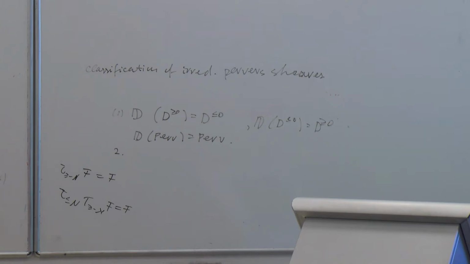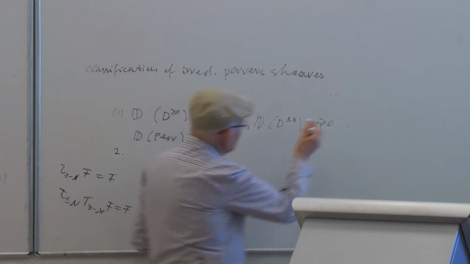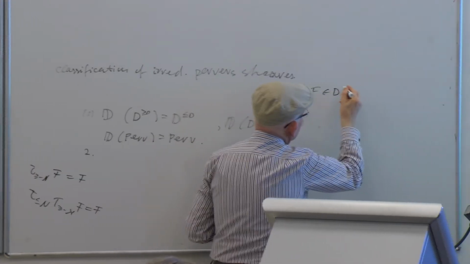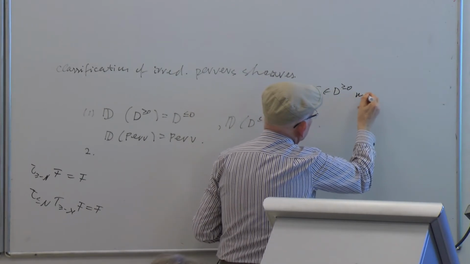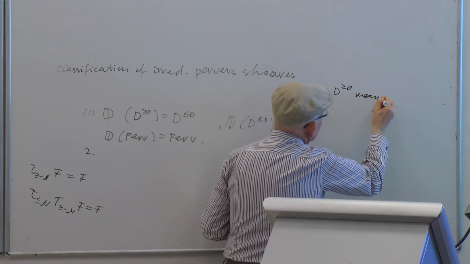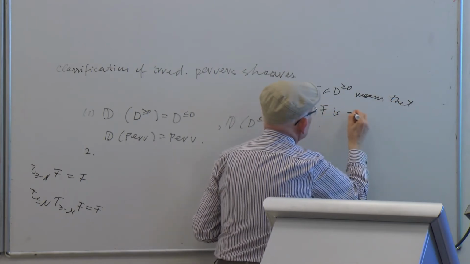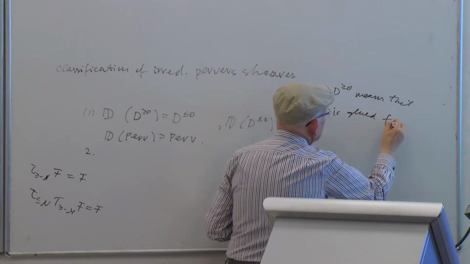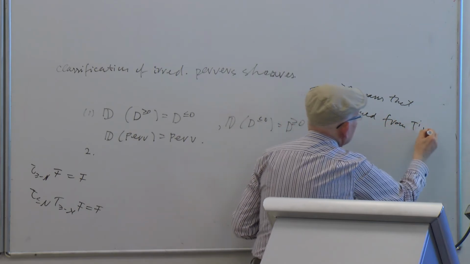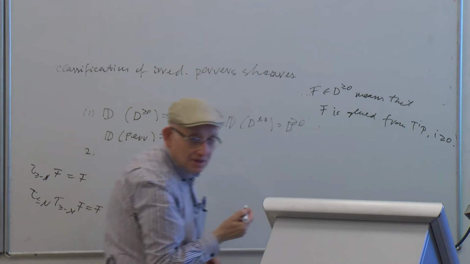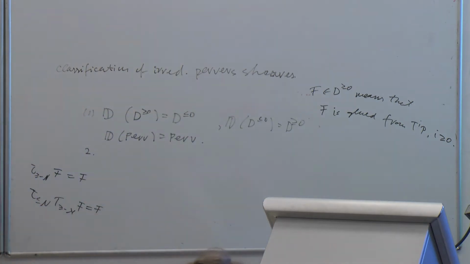You apply duality, you get... So any element in D plus, okay, if f is in D, D greater or equal to 0 just means that f is glued from T to the i of P_i, where i are positive. This is just an equivalent statement.